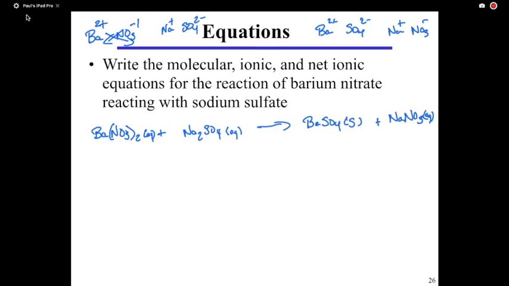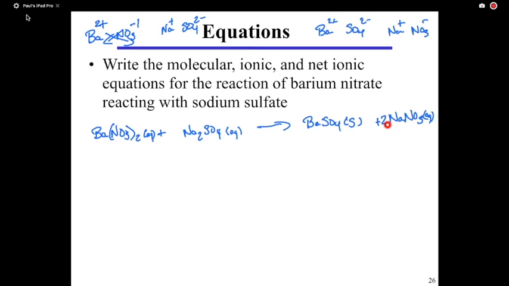All right, I've labeled them, but I have to watch out for the law of conservation of mass. I have 2 sodiums. Put a 2 here, it becomes 2 sodiums, but that also gives me 2 nitrogens. And so here I have 2 nitrogens, and I have 6 oxygens here, plus another 4 is 10.